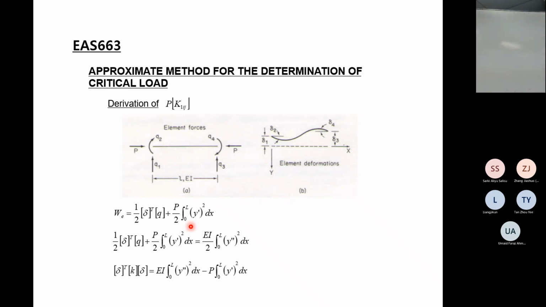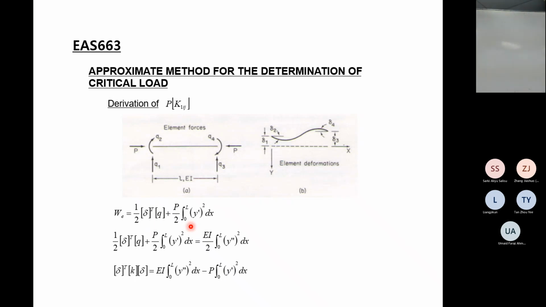If you compare this with the potential energy of the axial force in the Rayleigh-Ritz method, there's a negative in front. This is actually a similar expression. But here we put a plus because this one represents the work done by this constant axial force. So this is the work done by the external force.